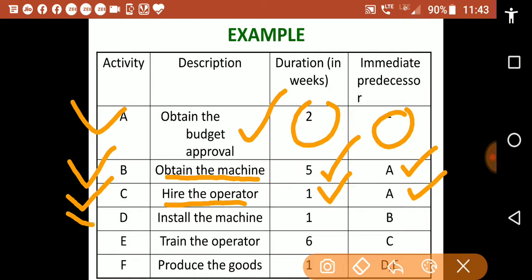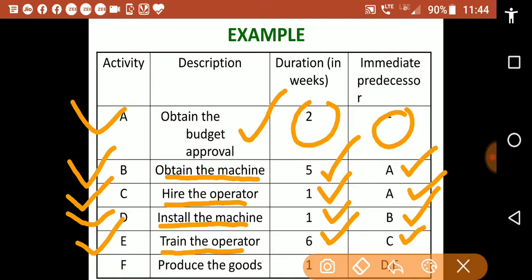Next activity is D, install the machine. Duration of this activity is 1 week and the immediate predecessor is activity B, obtain the machine. Next activity is E, train the operator. Duration is 6 weeks and the immediate predecessor is C, hire the operator.